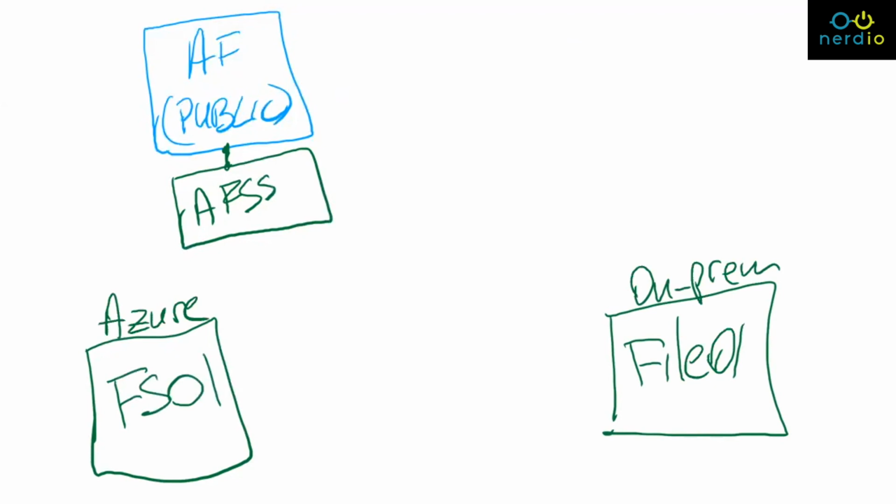What these servers are, they're called sync servers, and they can now communicate with Azure File Sync, and they can synchronize the contents of this share with an equivalent share inside of these VMs.